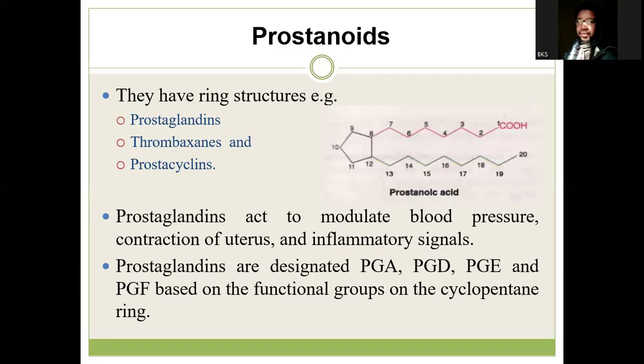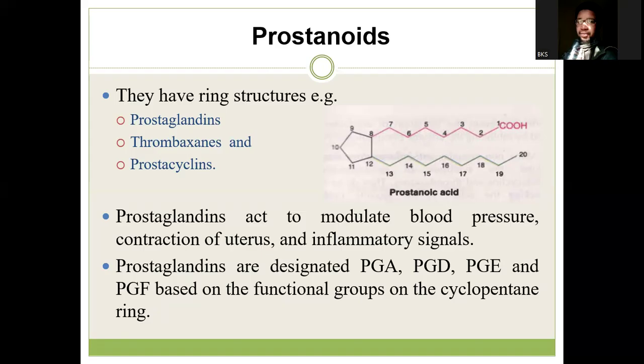They are also involved in dilation of blood vessels, thereby lowering blood pressure. So you can also have drugs for controlling blood pressure targeting the production of prostaglandins. So basically, prostaglandins, thromboxanes, and prostacyclins are known to play a very important role, especially in bioactivity.